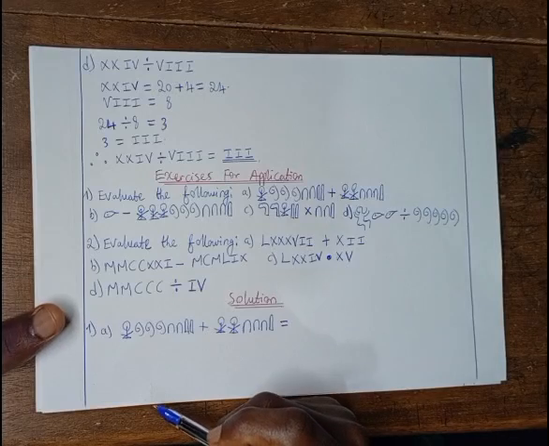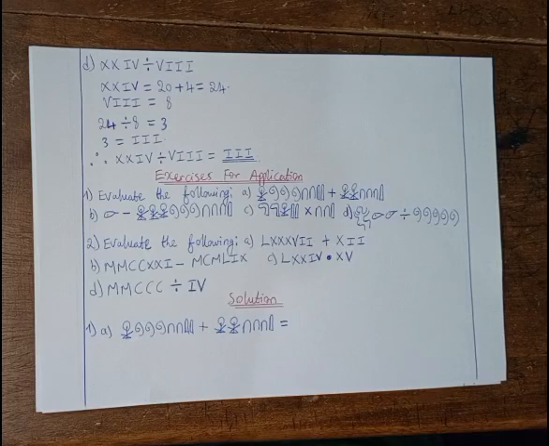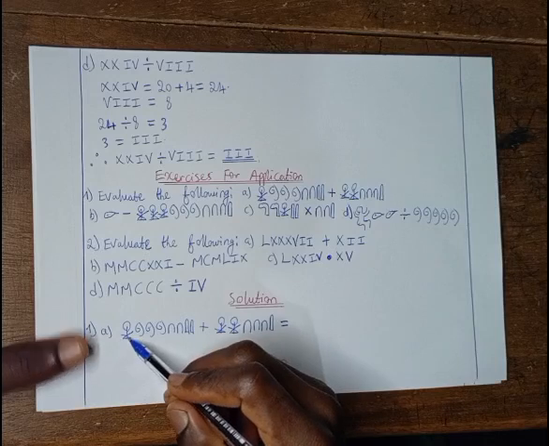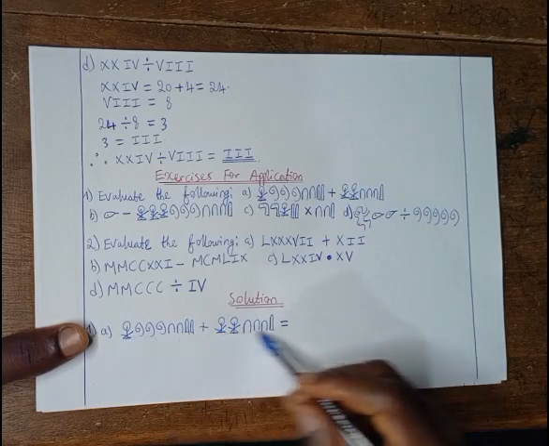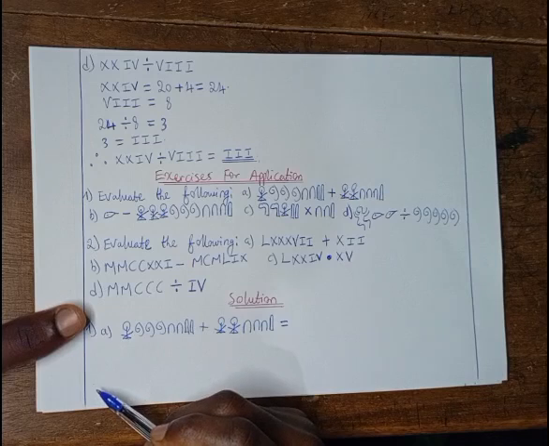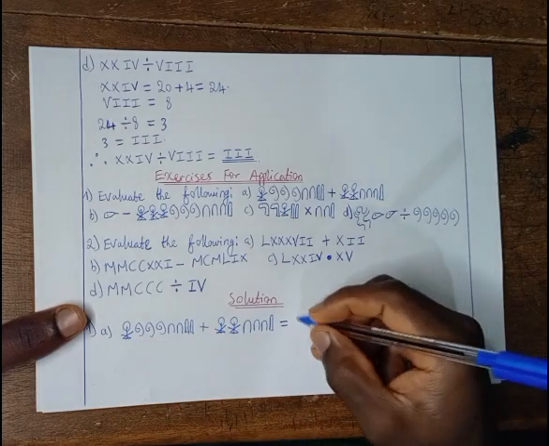First, we are going to start from the symbol which has the highest value. You can see that the lotus flower has the highest value in these two numbers. So we are going to count the number of lotus flowers in the two numerals. We have 1, 2, 3. So I'll simply write down 3 lotus flowers.